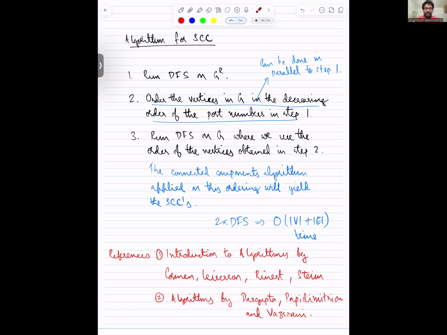I didn't really explain how that is done, because if you have to actually sort them, that will require v log v time or something, which can be more than v plus e, right? If the number of edges is linear, then v plus e will be less than v log v, but we don't need v log v. We don't need to sort.